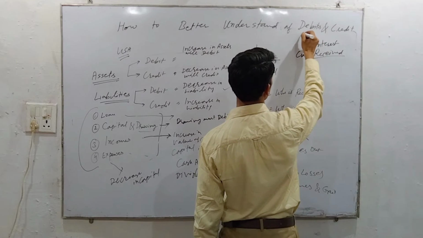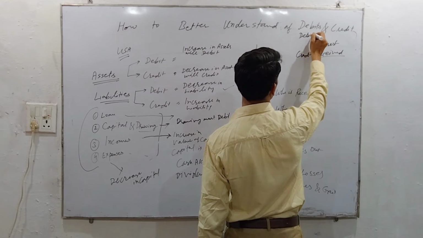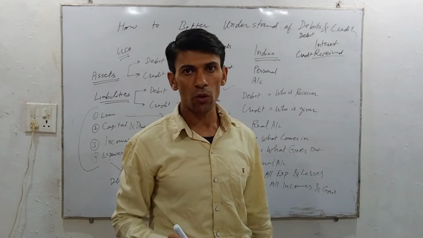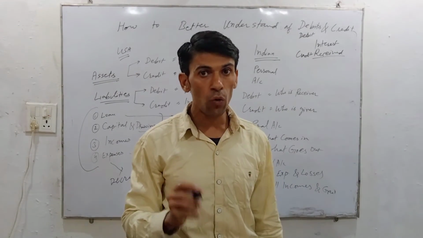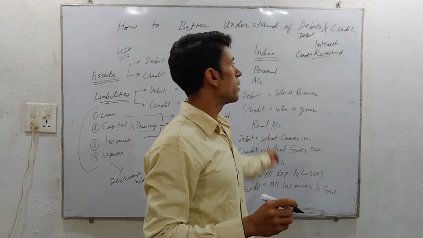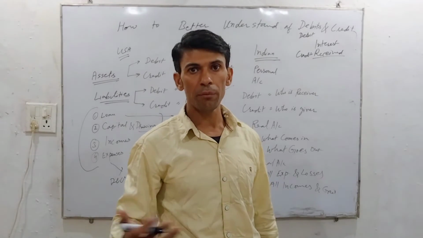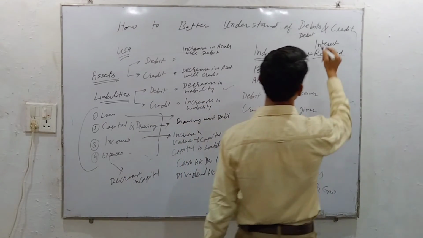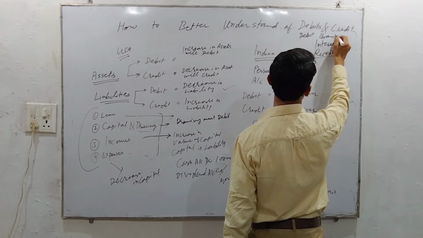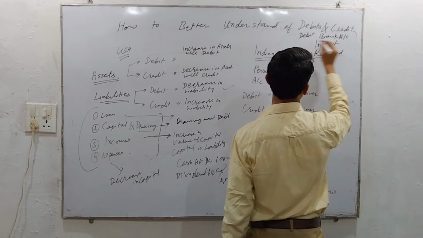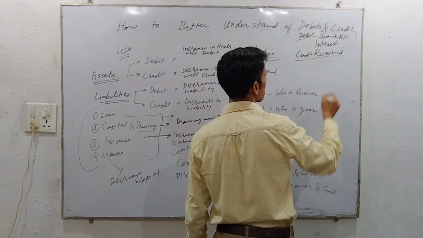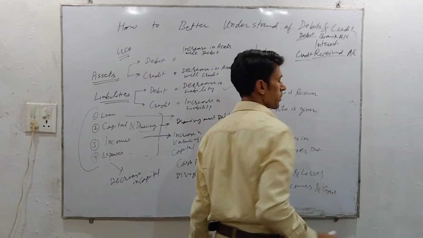And which account will be debit? We receive the interest in our bank account, so our bank account is debit. What comes in? Our asset, the bank balance, increases. So bank account debit and interest received account credit.